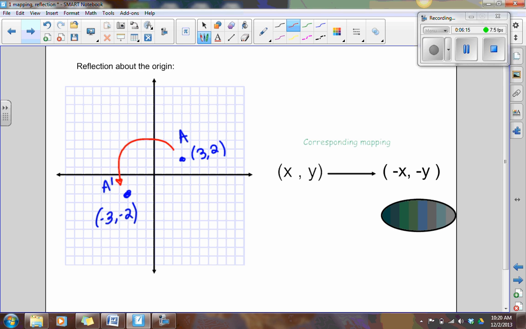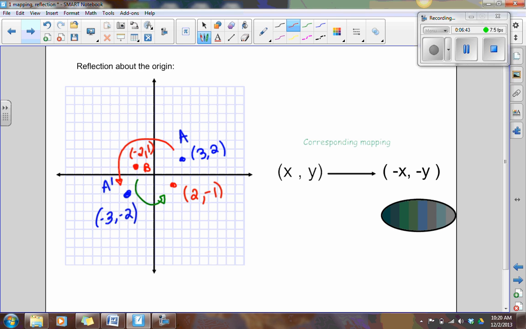The point, let's do -2, 1. That'll be our B. And then B prime is going to be positive 2, -1. And again, it's like a rotation of 180 degrees.